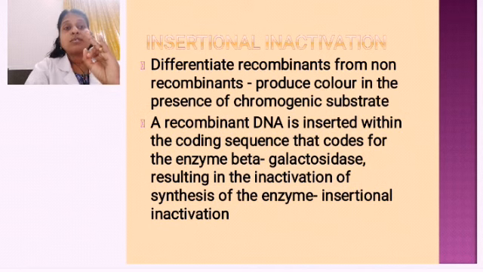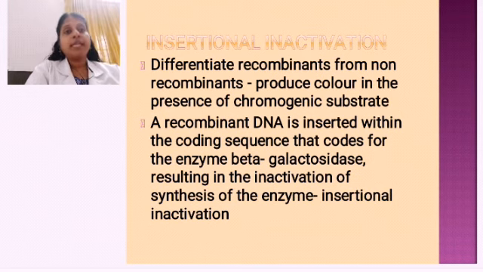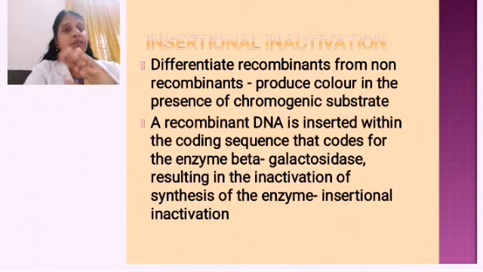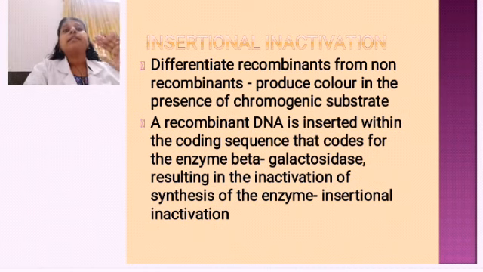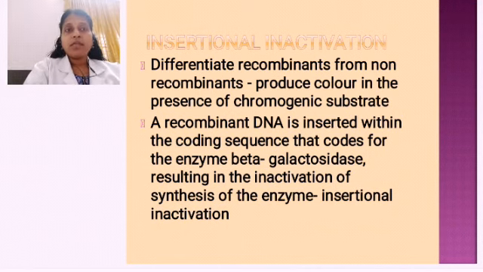Number 2 is what? Selectable marker. So what is a selectable marker? A selectable marker is one which helps us to find out whether the foreign DNA is correctly introduced or not, isn't it? If the marker is present, I can differentiate the one which is recombinant, that is containing the foreign DNA, and the one which is not recombinant, not containing the rDNA.